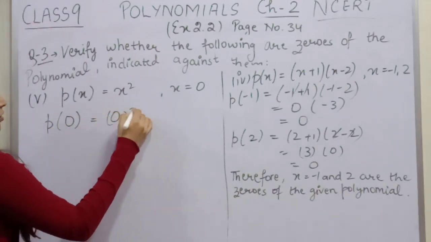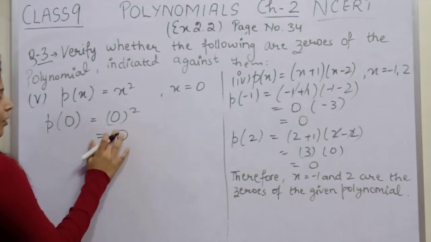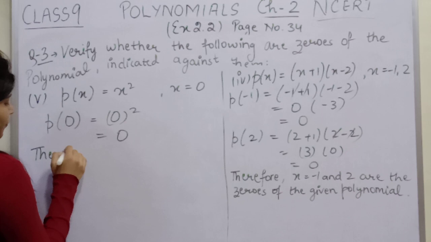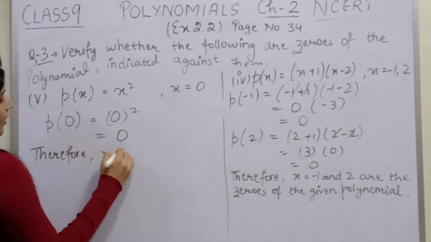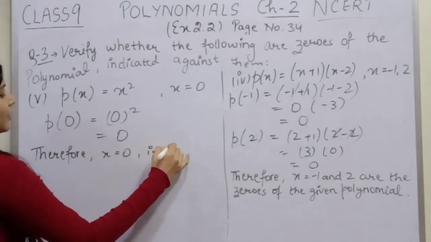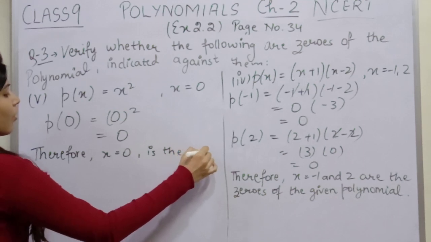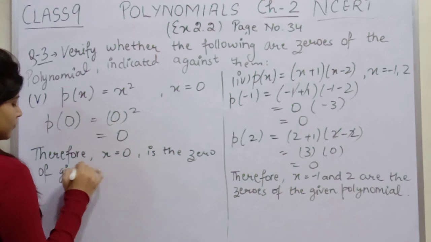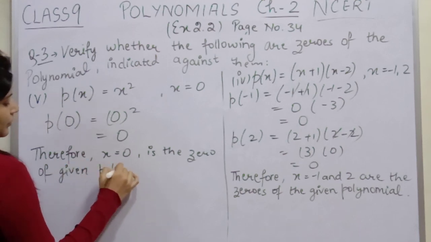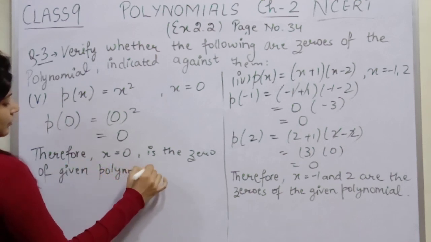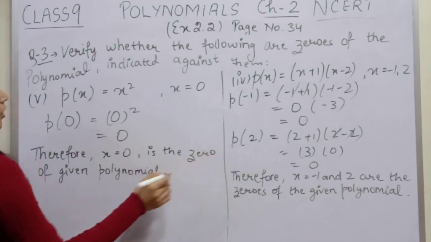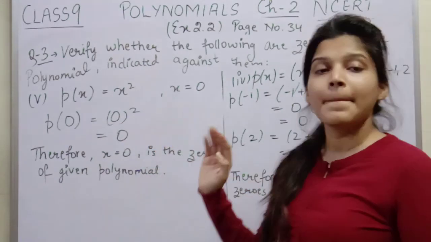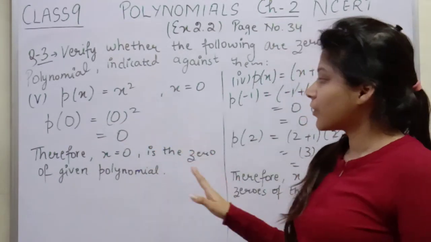So it is 0 square and 0 square is 0. अब यहाँ पे 0 आ गया, it means we can say therefore 0 is the 0 of the given polynomial. Therefore it is the 0 of the given polynomial because जब इसकी value हमने put करी we got 0, right? So this was the 5th part.